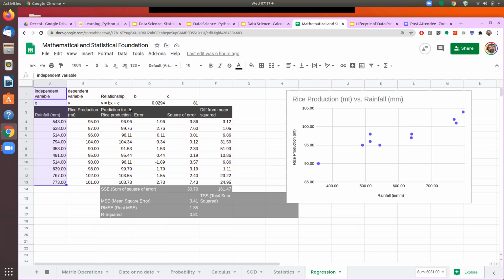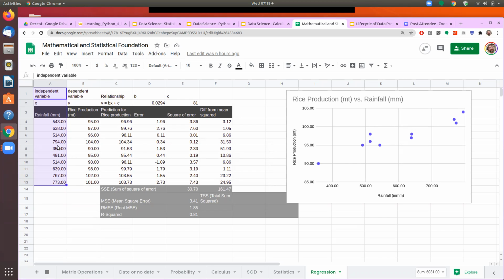So this relationship will take a form where, first, we'll start with one independent variable, and then we'll go into multiple independent variables. In this case, we are talking about only one independent variable, which is the rainfall.